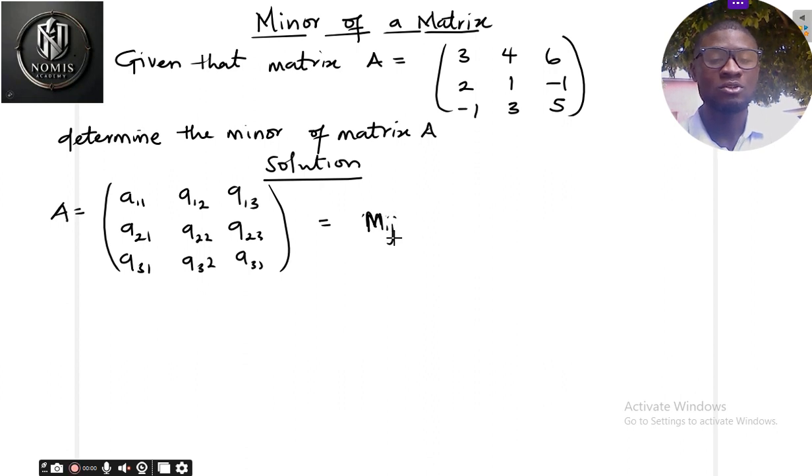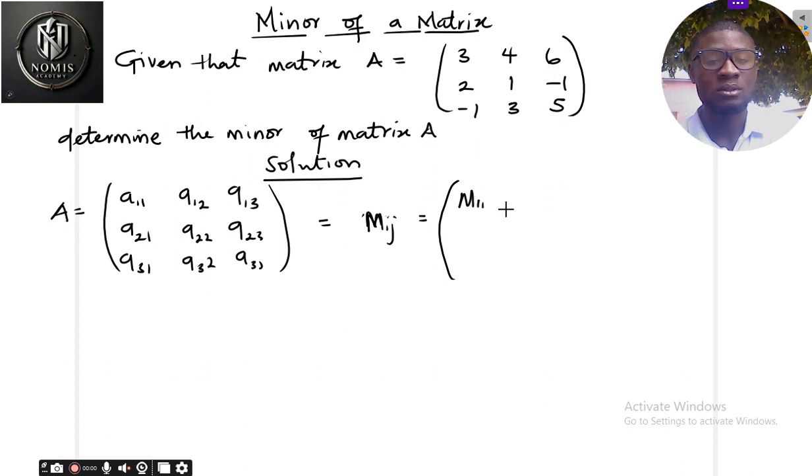This is what is used to denote the minor of a matrix. When row 1 is deleted with column 1, we are left with the elements A22, A23, A32, and A33.